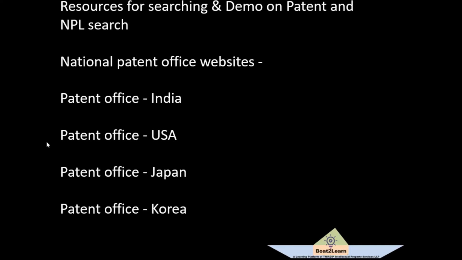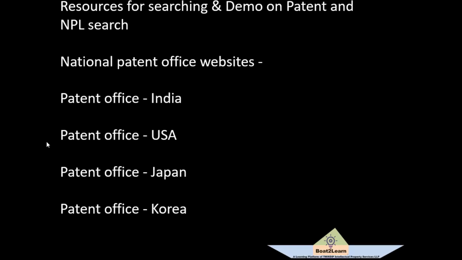Then we have various patent offices. Every country has its patent office and provides free-of-cost searching of the patents filed in that country. We can retrieve patents freely from all countries by going through their websites. In India we have IP India, in the USA we have PATFT, in Japan we have J-PlatPat, and in Korea we have KIPRIS.